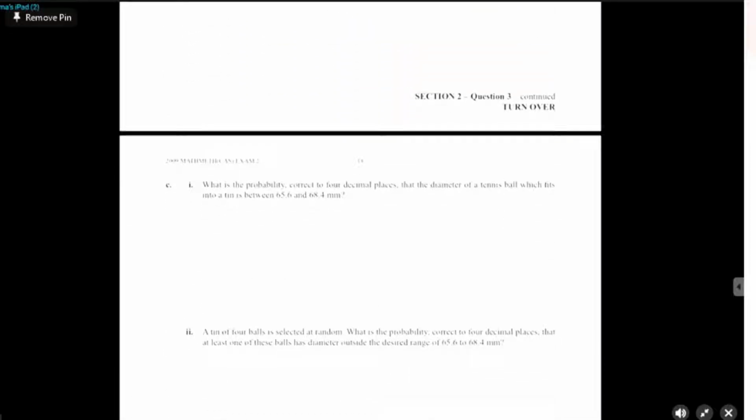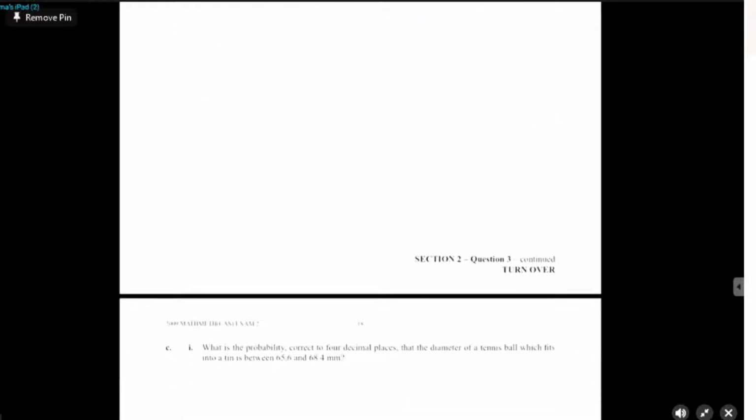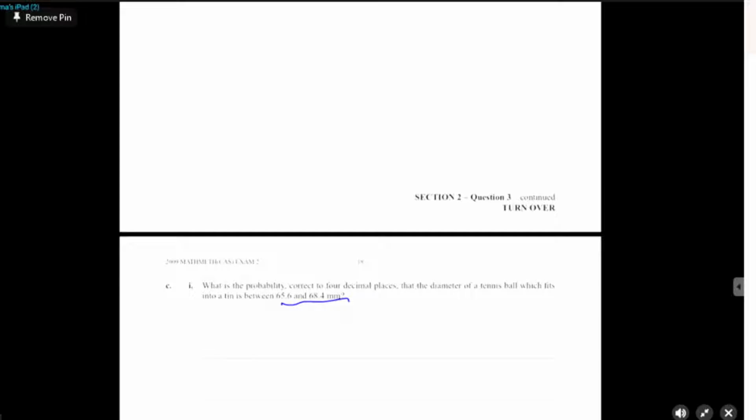Now with question C I, this may look like it's the same question as B, but it's not, because there's a different condition that's given. What it's asking for is probability x is between 68.4 and 65.6, given that x is less than 68.5, because that's what it means by the diameter of the tennis ball fitting into the tin.